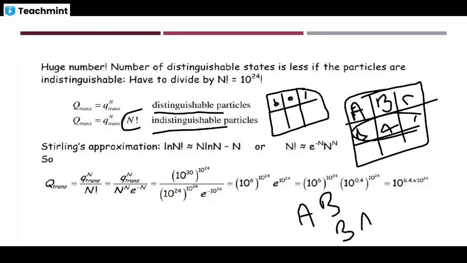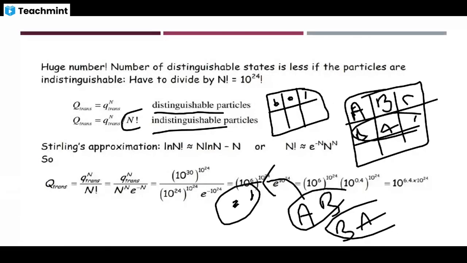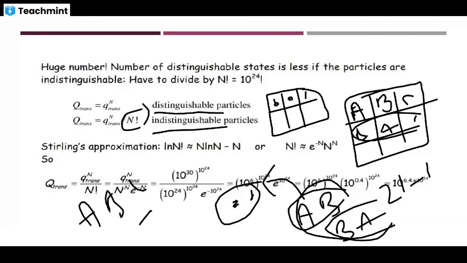But if indistinguishable, this is the same. So from distinguishable to indistinguishable, the number of states is reduced. So you should divide by n factorial. For AB, 2 factorial equals 2, there are two possible states. For n molecules, n factorial. For ABC, 3 factorial, there are 6 possible states, you can arrange the ABC.